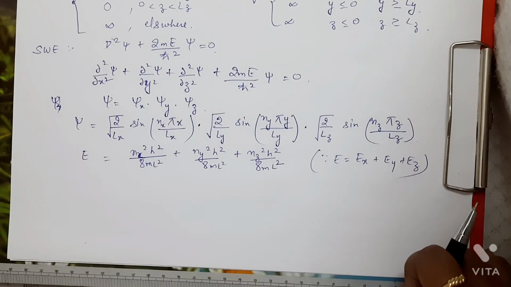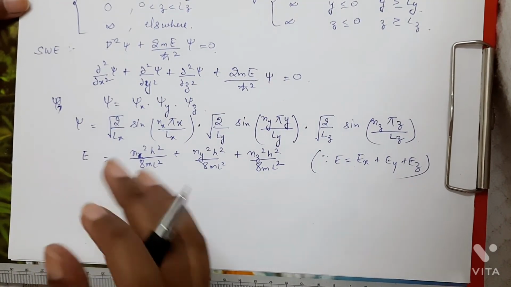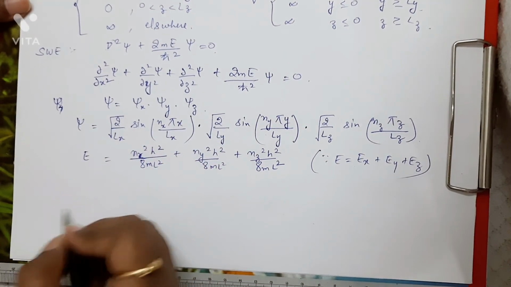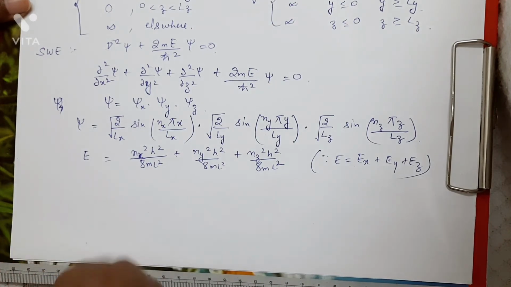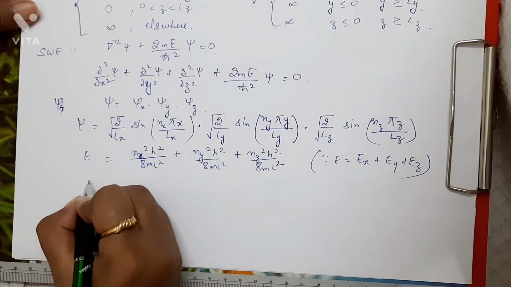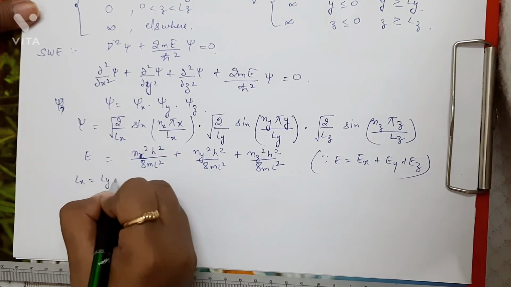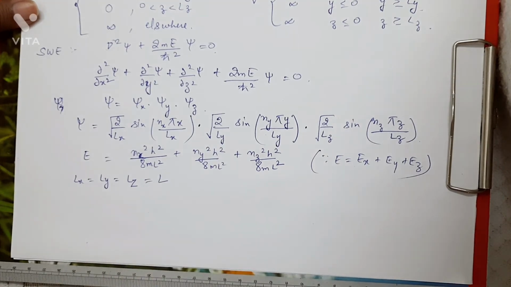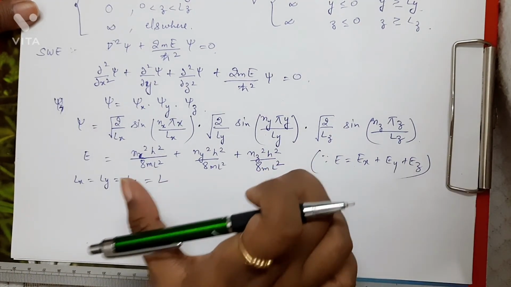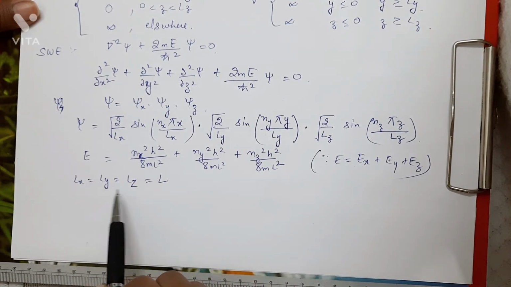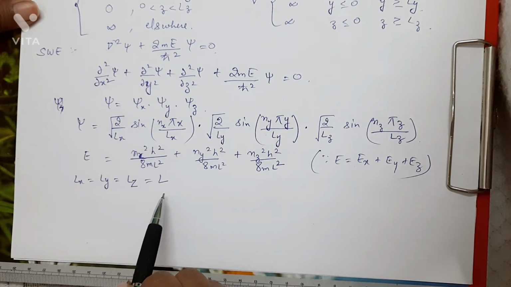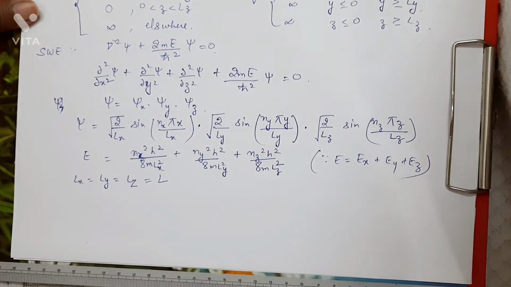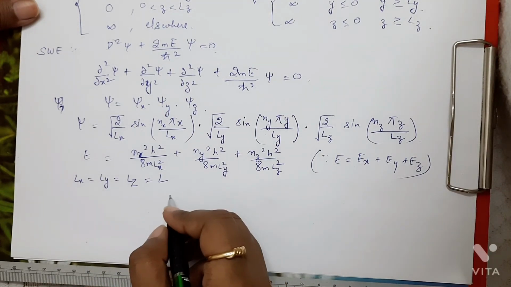Now suppose the 3D box is cubical, that means length, breadth and height are all equal, right? That is lx equals ly equals lz. Suppose these are equal to capital L, then what will be the value of energy? Sorry, here it is Lx, Ly, Lz. So what will happen here?